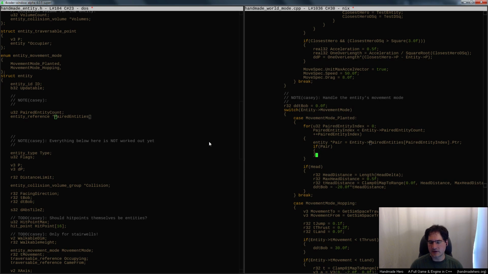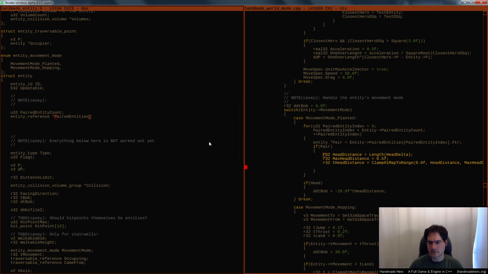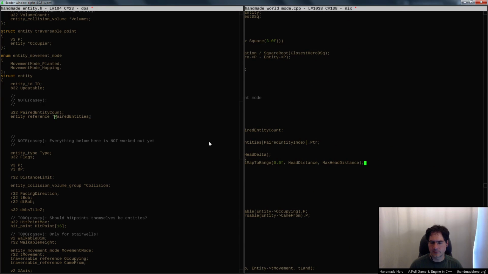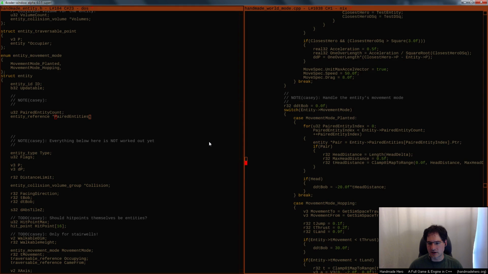If there is something in that slot, meaning the slot is valid, then we could do the same equations that we were doing here, right? Like so. And really the t-head distance, I suppose, could be clamped at the end. So it's only really the head distance part that we're doing here.